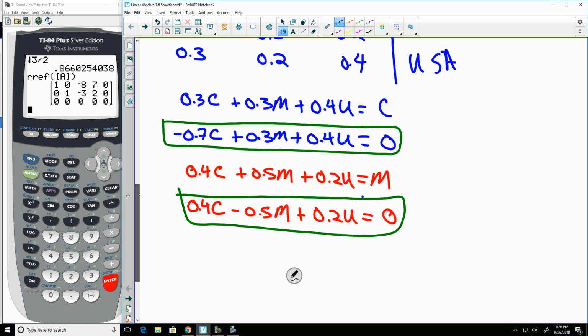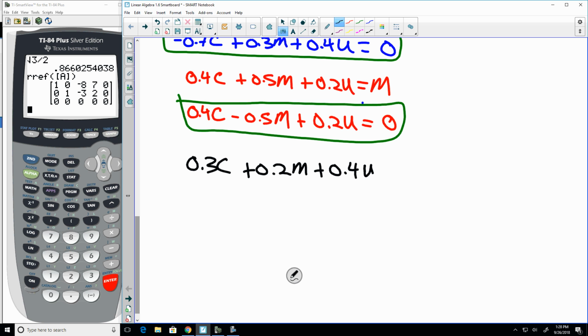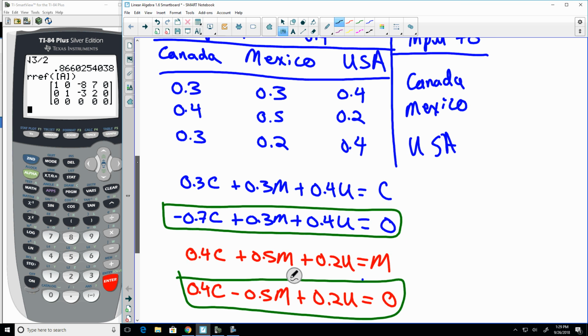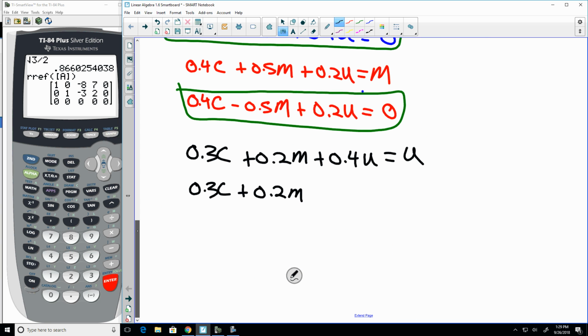And then the last one, 0.3, 0.2, 0.4. Subtract U. Question?